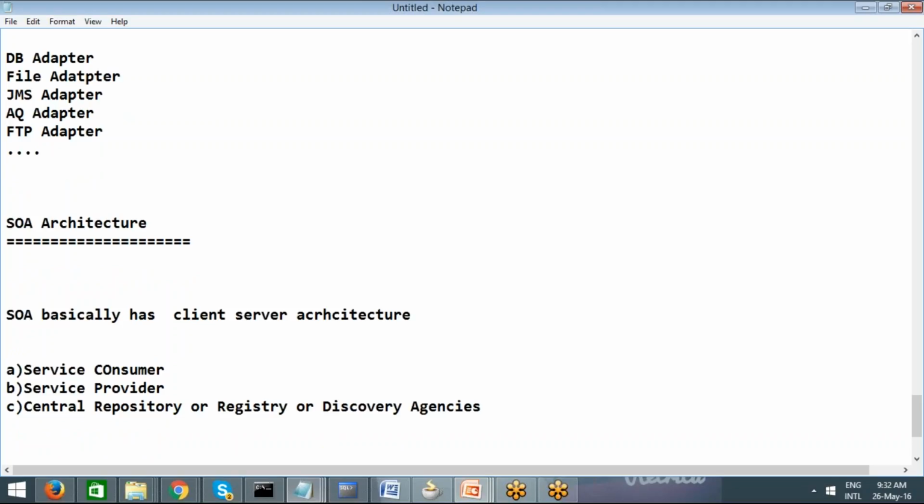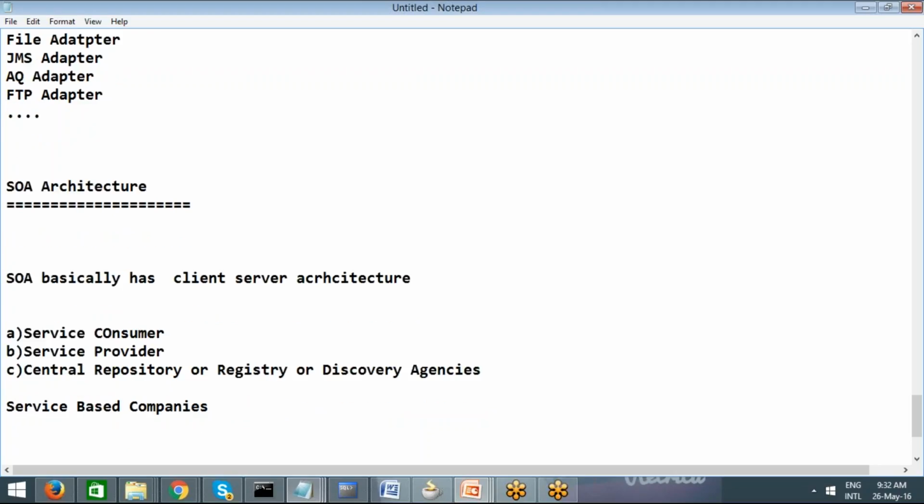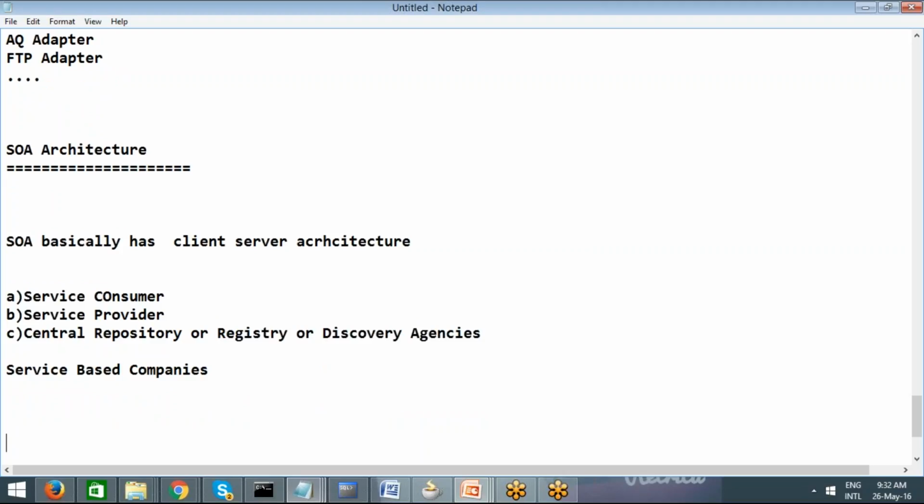Now what happens is your architecture varies depending on the project you are working on, and the kind of companies you are working with. So in the industry we have service-based companies like Infosys, TCS, Accenture, Capgemini, and we have product-based companies like Google.